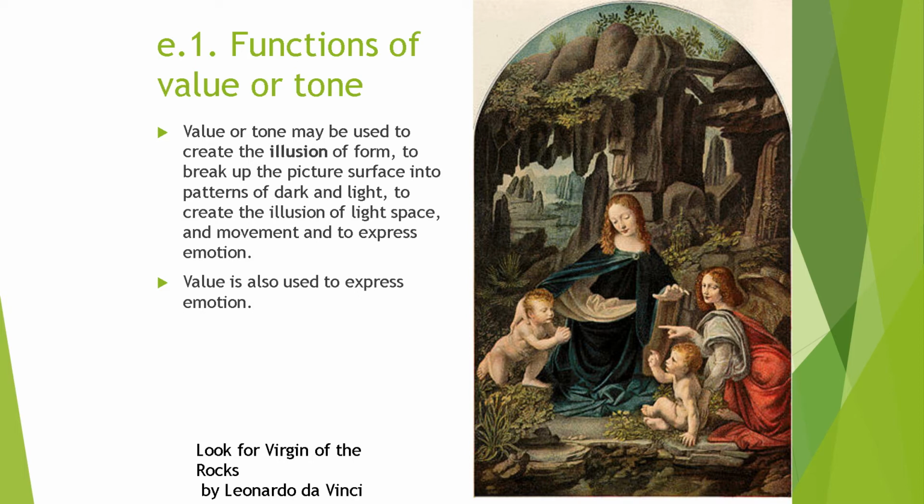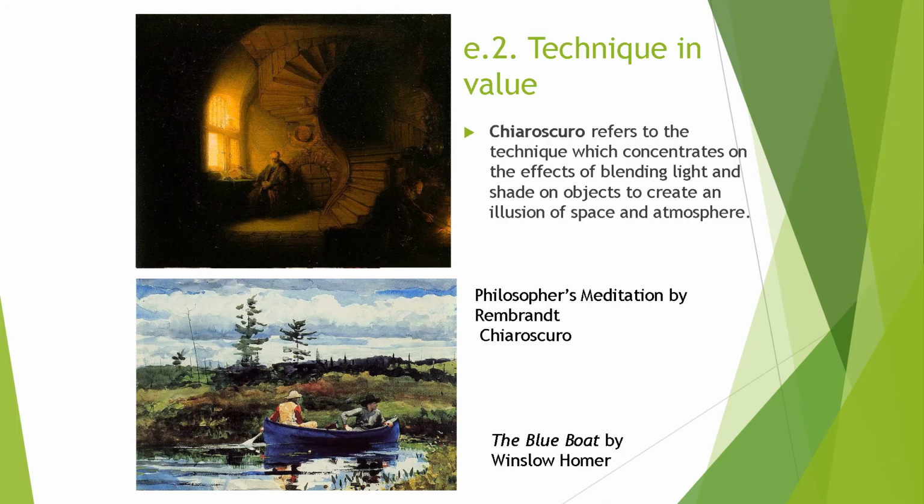Actually, value or tone also gives depiction or emphasis to our paintings or visual arts. At the same time, obviously, value or tone is also used to express emotions. An example of this is the ones here on our left side.